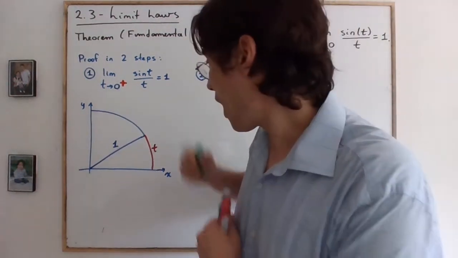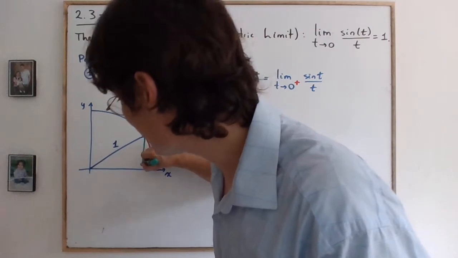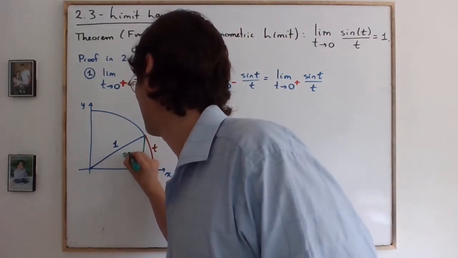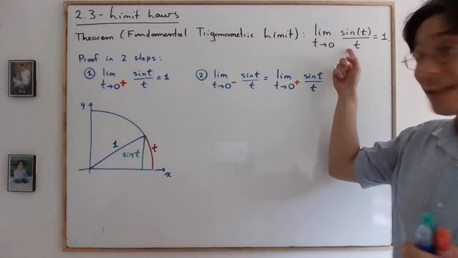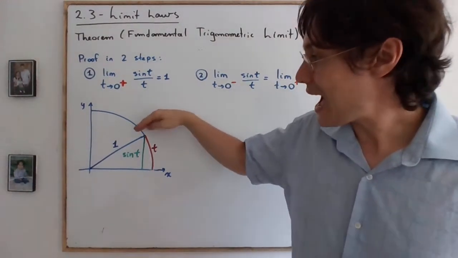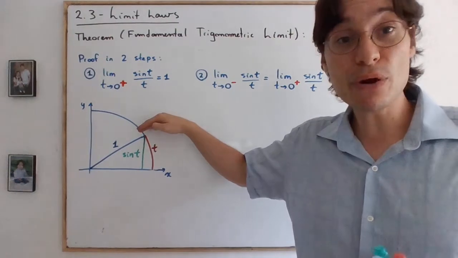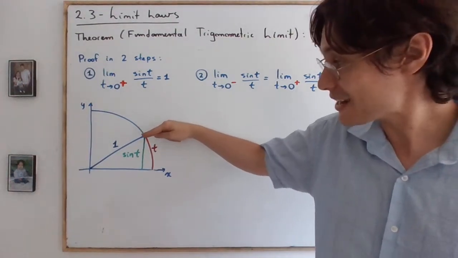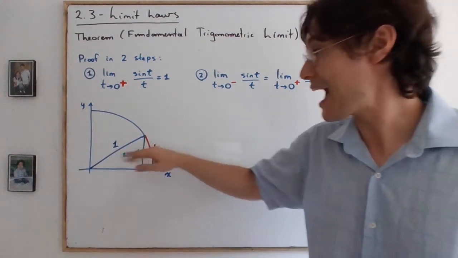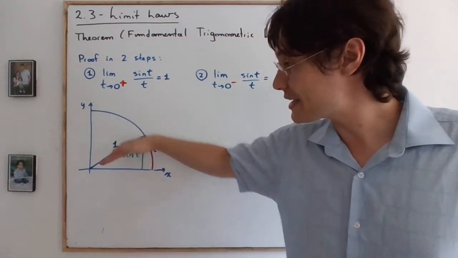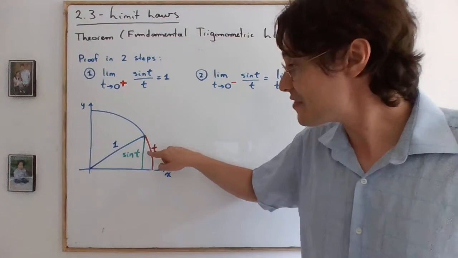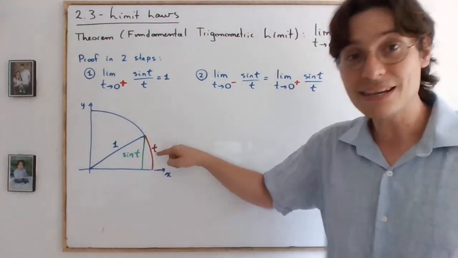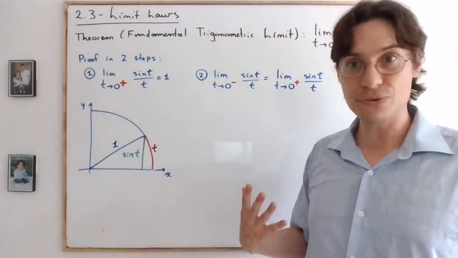And the height of that point is sine of t. So what this limit is telling us is that as t is approaching 0, in other words, as the angle is getting smaller and smaller, as the angle is closing in on the x-axis, then the height and the arc length are getting closer and closer to each other.